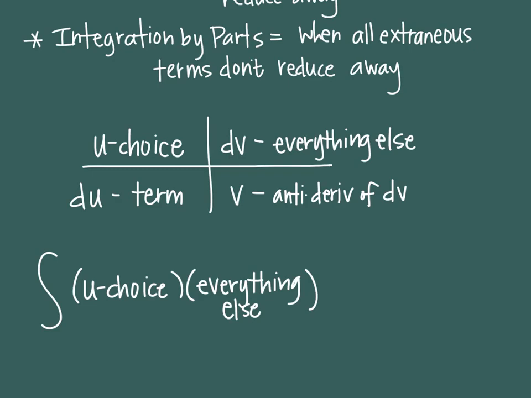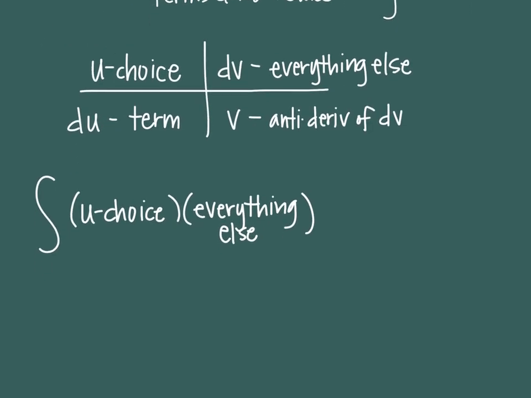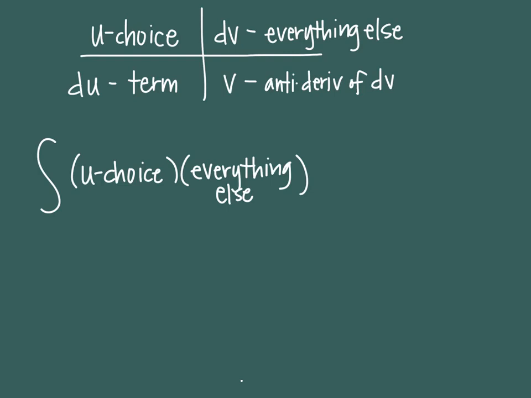Anything else that's left would be everything else. Once you've made that choice, that will be equal to your u choice multiplied by your v choice, those 2 things put together, minus your v choice and what you determined your du to be. Again, like I said, it'll make a lot more sense when you see it worked out.